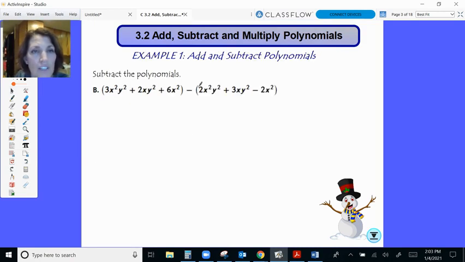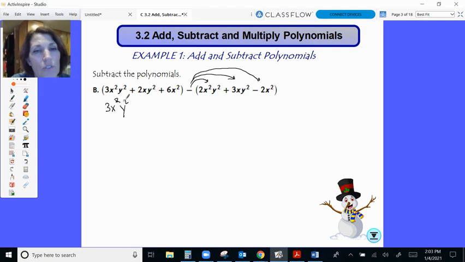All right. So next up we have a subtraction. Notice here I do have something outside my parentheses that I need to distribute. I have that negative sign, so I have to be very, very aware of that. I have to take this negative sign and distribute it through my entire polynomial, every single term there. First I'm going to drop these parentheses for the first polynomial because there's nothing outside it.